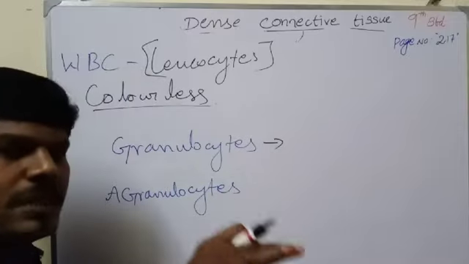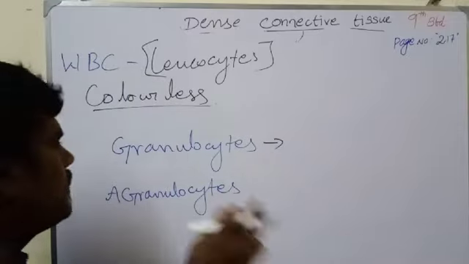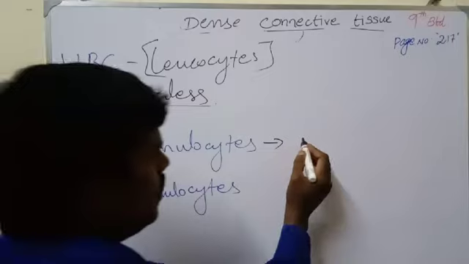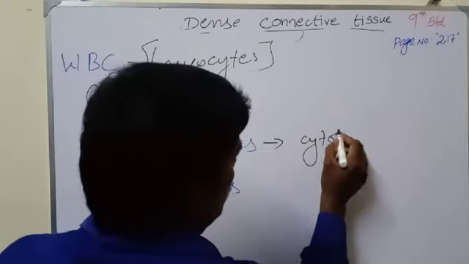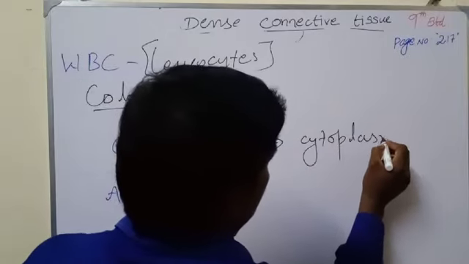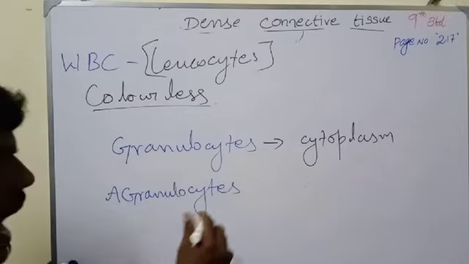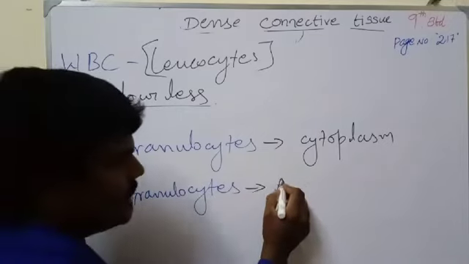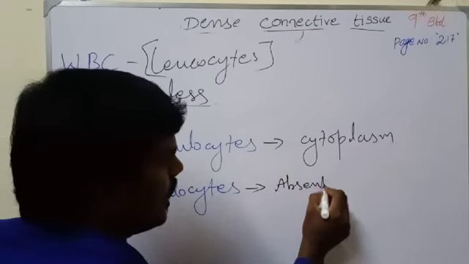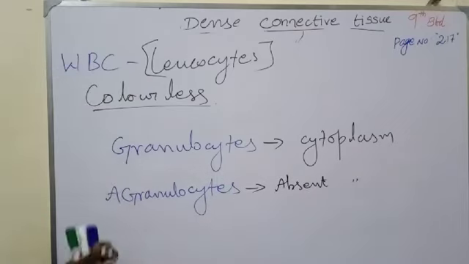So the WBC cells which have nucleus and cytoplasm present are called granulocytes. Presence of the cytoplasm is called granulocytes. Absence of cytoplasm is called agranulocytes.